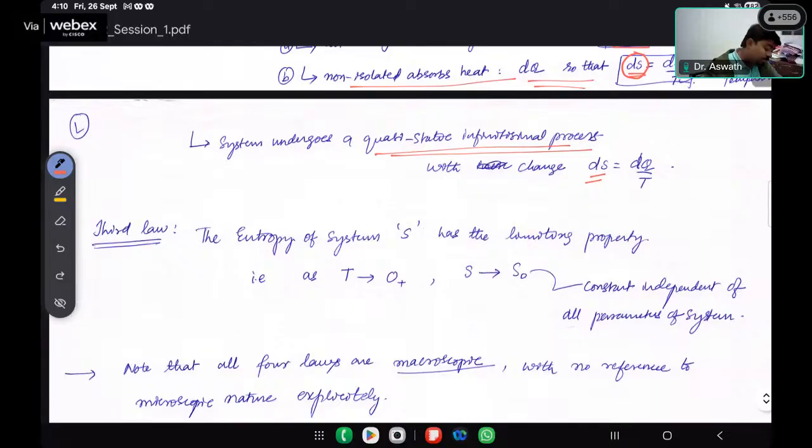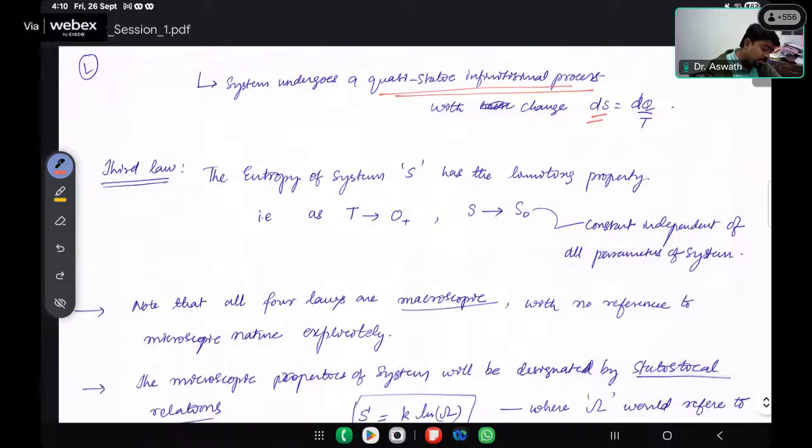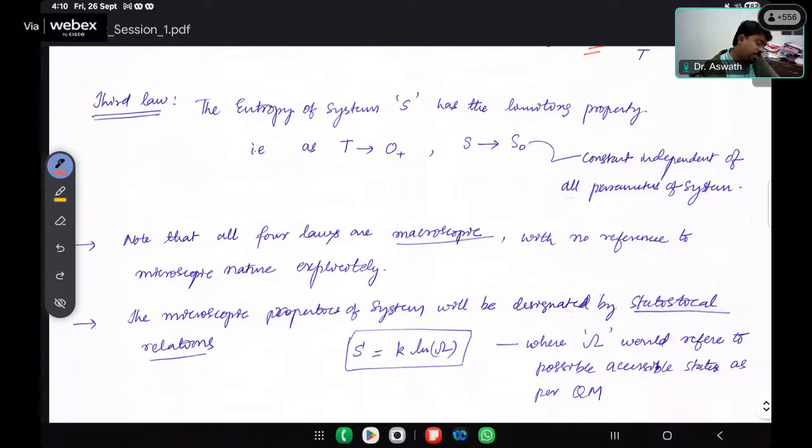Okay, and there is a third law. What it says is, the third law of quantum statistical physics says the entropy of the system has a limiting property. Let's say I reduce the temperature to very close to absolute zero. In that case, I can put the entropy of the system at a constant value, which is going to be independent of all the parameters of the system. Very, very important.